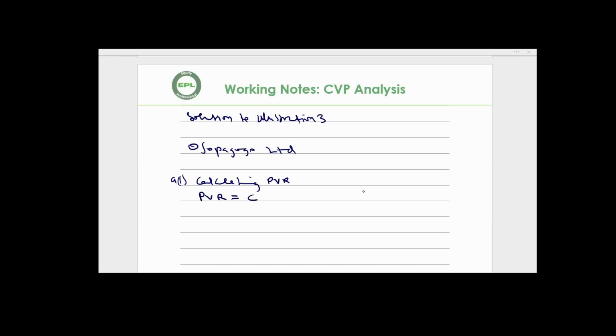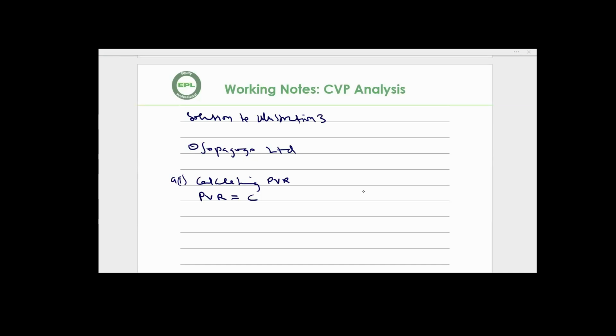Like in this case, the examiner has given us sales value of 1 million naira. We're also given total variable cost to be 800,000. The difference between the 800,000 and 1 million naira is 200,000 naira. That 200,000 naira is the total contribution.